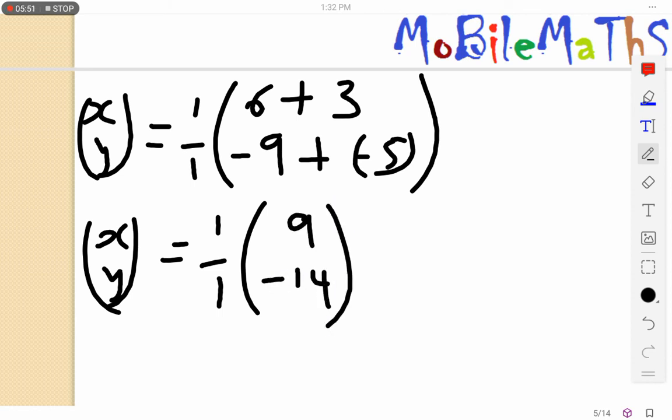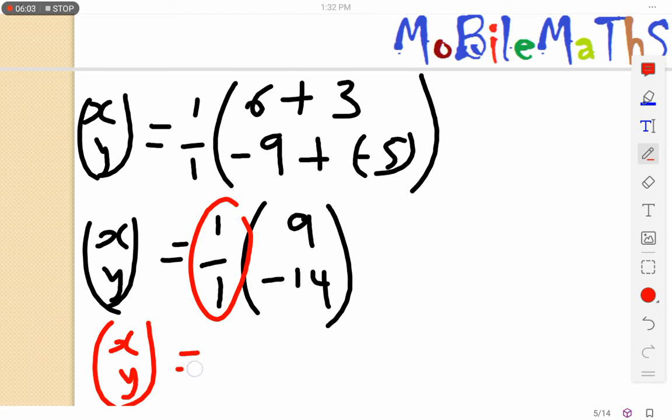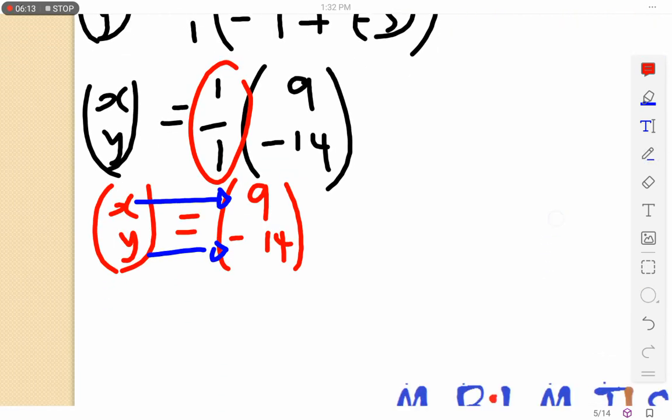If we multiply with our scalar 1 over 1, it becomes 9 and minus 14. So x, y is 9, minus 14. Using the corresponding entries, x is 9 and y is minus 14.